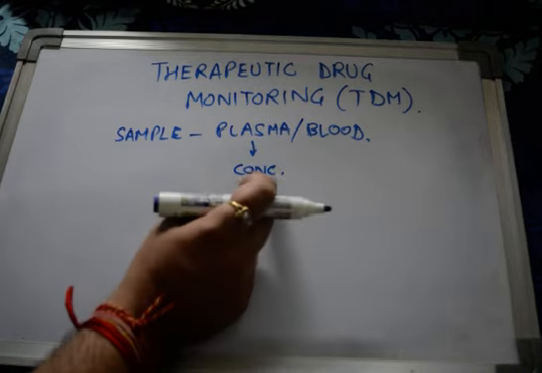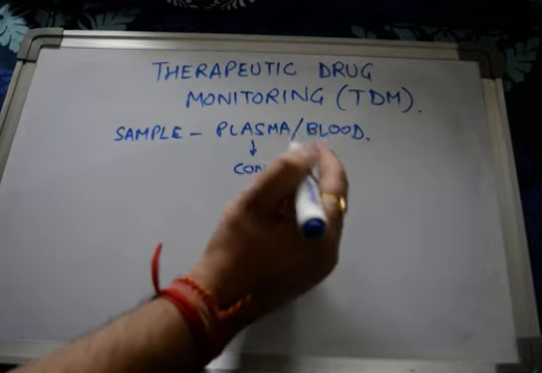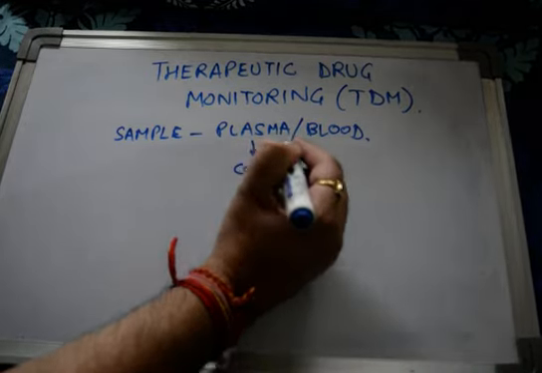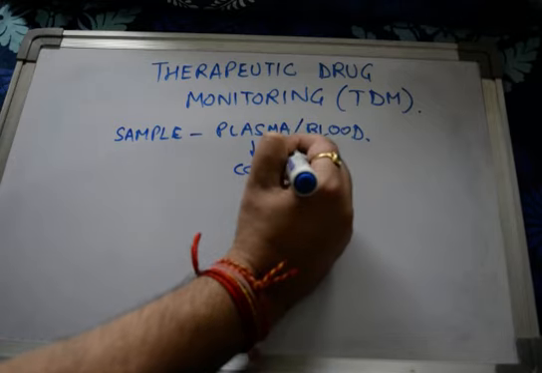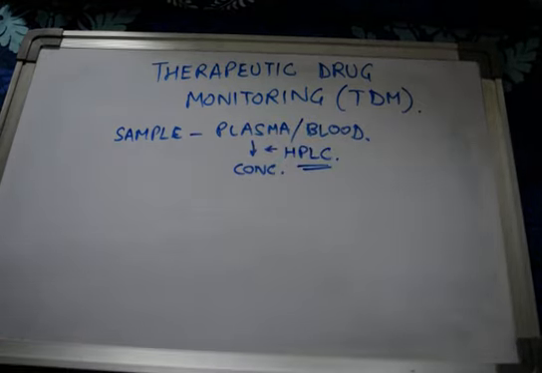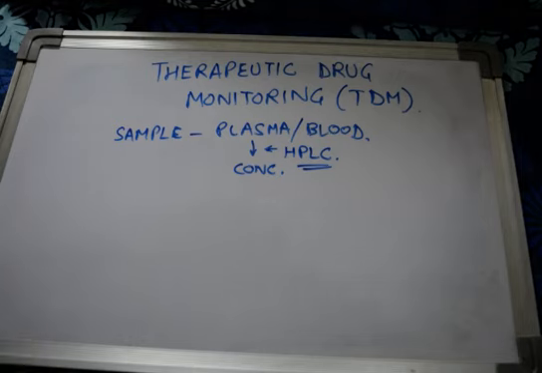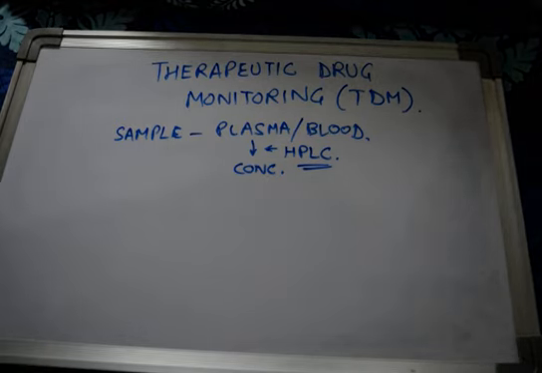For calculating this concentration we might need some specialized equipment like HPLC, chromatography. HPLC is one type of chromatography. So such a process might be required for undergoing therapeutic drug monitoring.